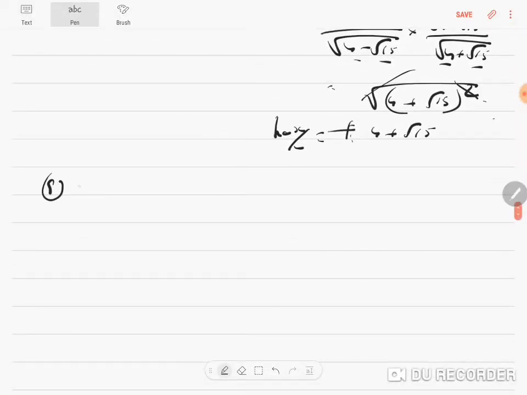9th sum. They have given cos x is equal to minus 1 by 3, where x is in quadrant 3.